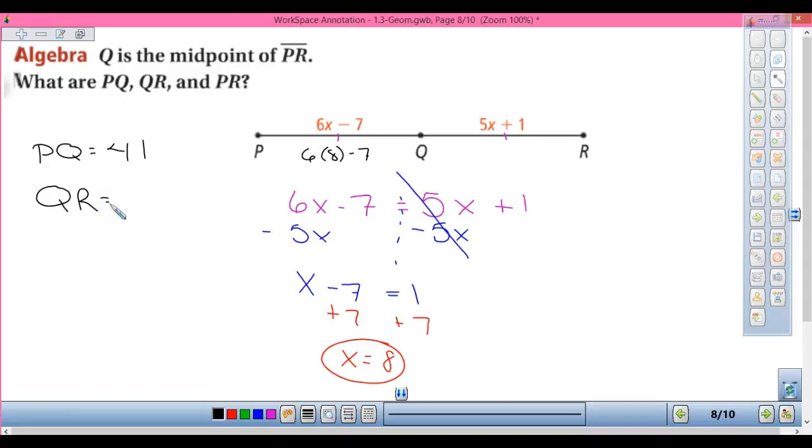What do you know about those two? That'd be the same. So what is QR going to be? 41. So that means PR has to be 82. You okay with this stuff so far?